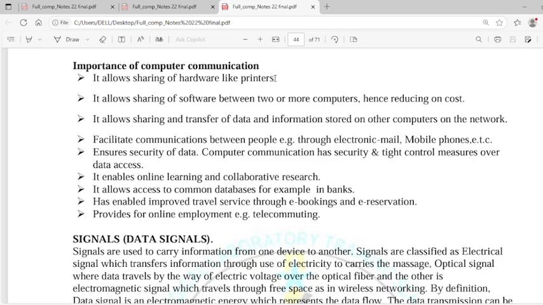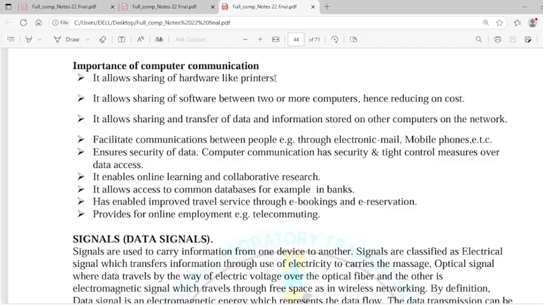simultaneously. The second importance is that it allows the sharing of software between 2 or more computers, hence reducing cost.